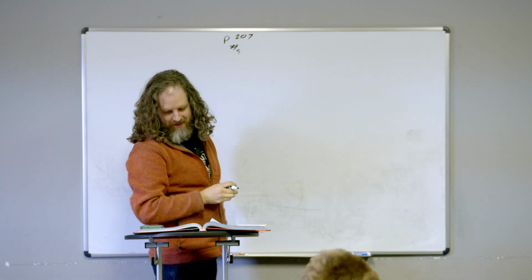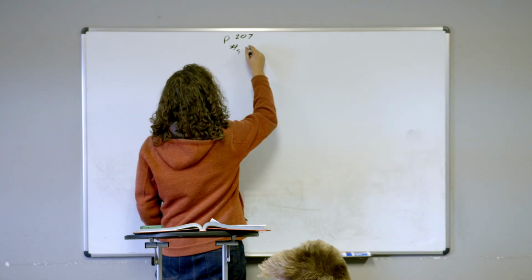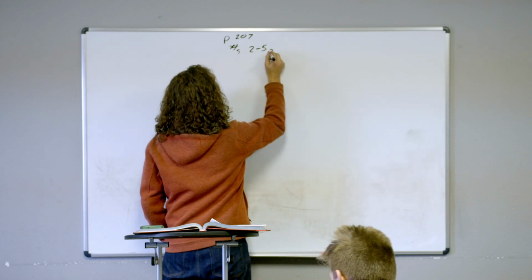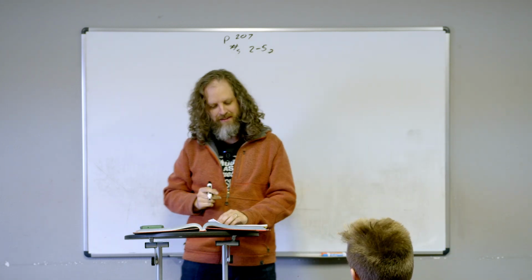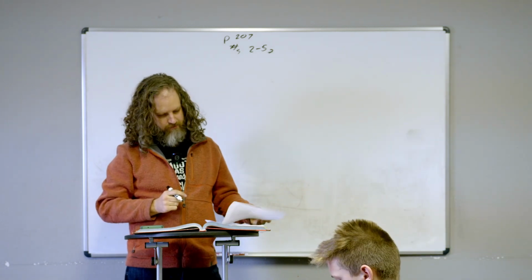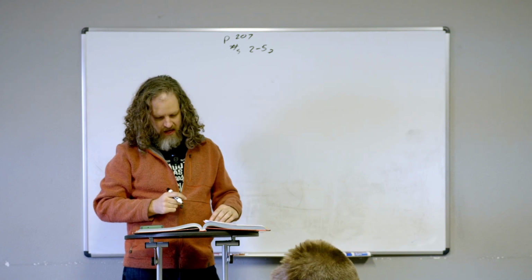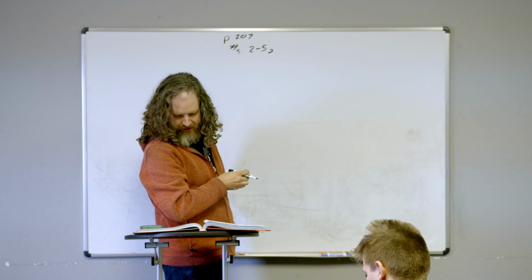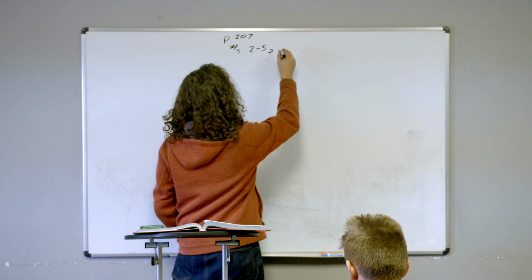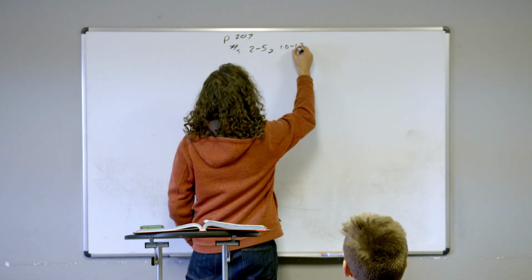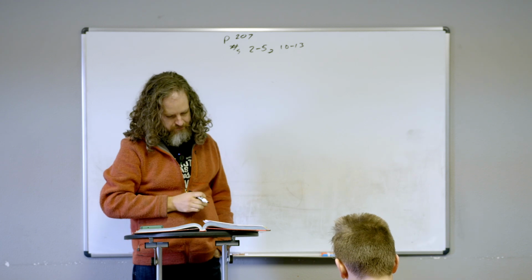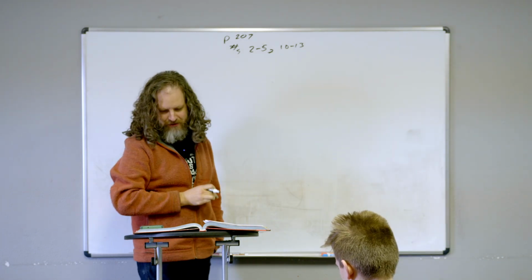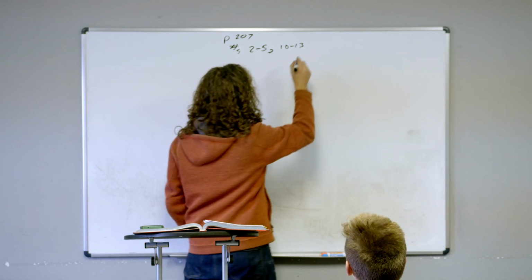You will have to do problems like on page 207, numbers 2 through 5. So you'll have to graph equations. Surprise, surprise. And then also from page 207, you'll have to do ones like 10 through 13, and 15 through 18.